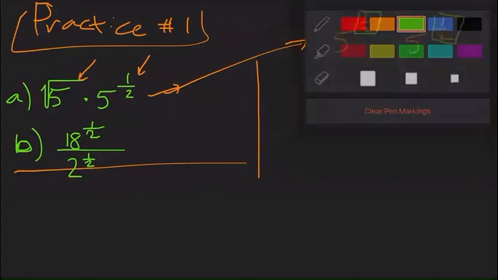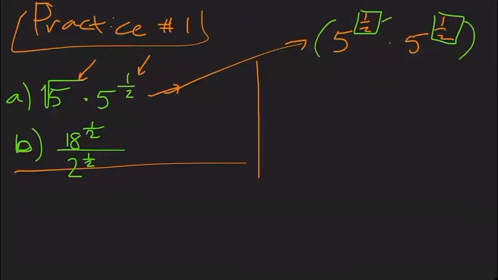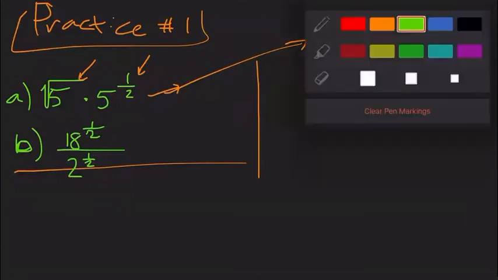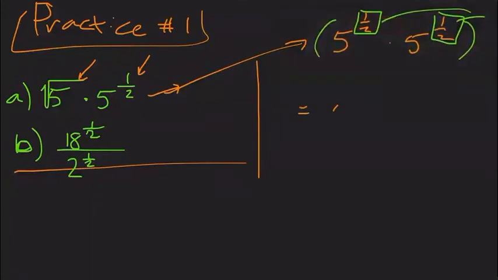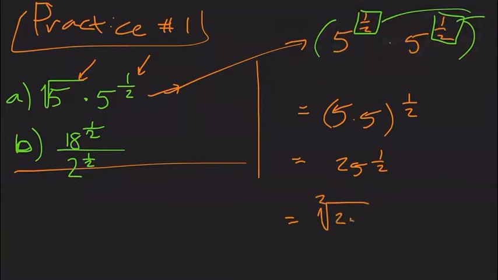We also could apply the one we've been talking about, which is they have the same exponent, so we can pull it out. And so we're left with 5 times 5 on the inside, 1/2 on the outside. 5 times 5 gives us 25. We can change the 1/2 power into a square root. And the square root of 25, what number multiplied 2 times is 25?